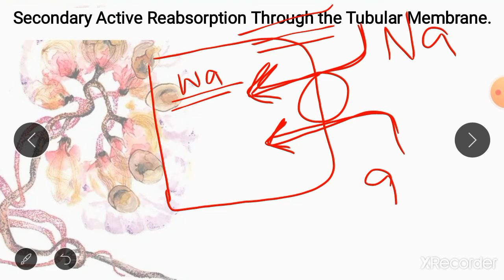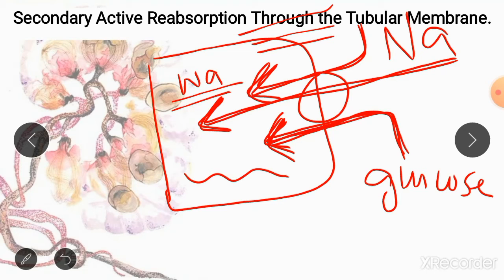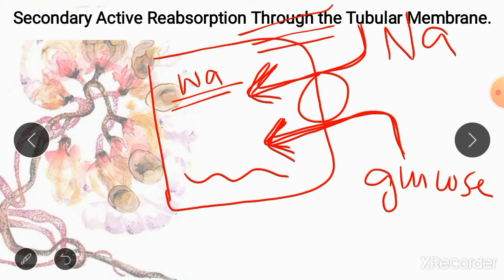Suppose there is glucose in the lumen, and glucose is in higher concentrations within the cell as compared to the lumen, and normally glucose would not move from the lumen into the cell, but sodium which is moving along its concentration gradient creates such a huge gradient and has so much energy that it can take glucose along with it against its concentration gradient. So this is known as secondary active transport.